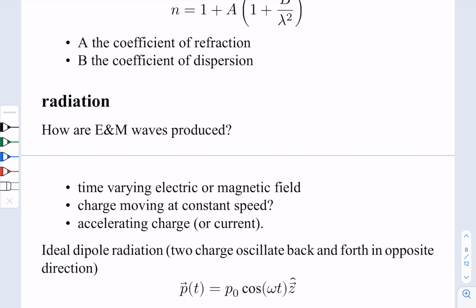So imagine that to produce a wave, we must have some sort of changing magnetic and electric fields. If you have a static configuration of charge or current, then that will never produce any electromagnetic wave, right?